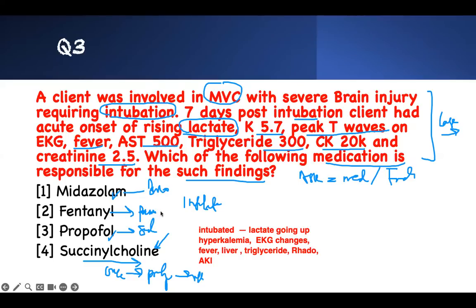I know side effects are like what? Respiratory depression, and then constipation, hypotension. All these things are different. Therefore, I can eliminate this. What is going on? I know midazolam does not affect your triglyceride. I'm trying to break the question down. Therefore, I'll be left with propofol.